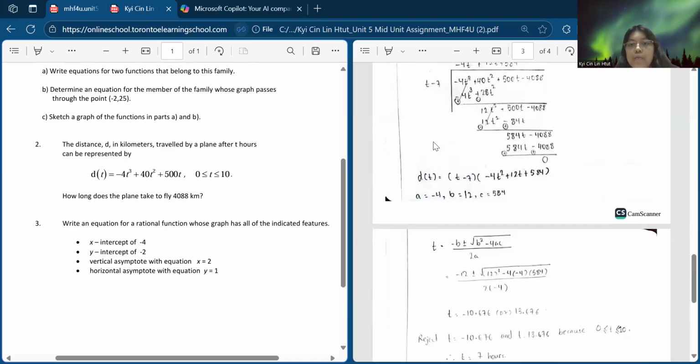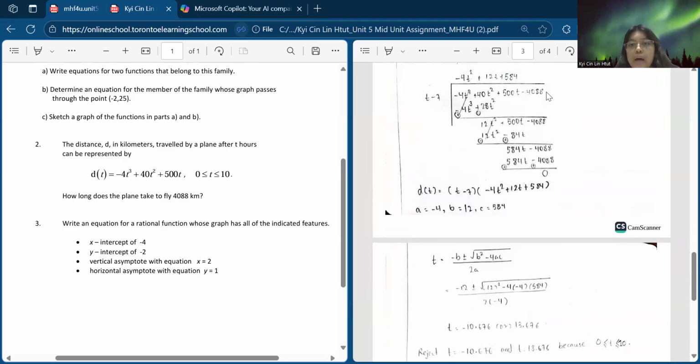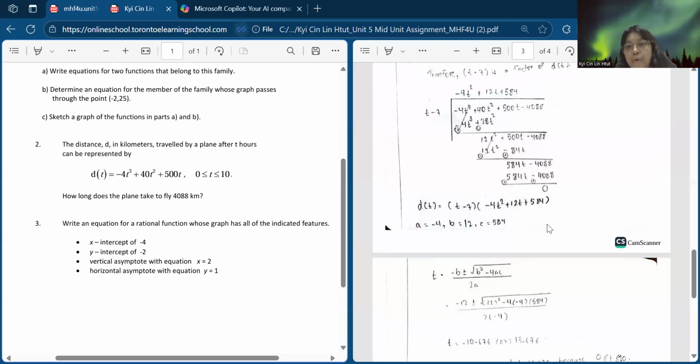So instead of writing this whole thing again, I instead write d(t) = (t - 7)(-4t² + 12t + 584), because if you multiply them, you will get this exact equation.